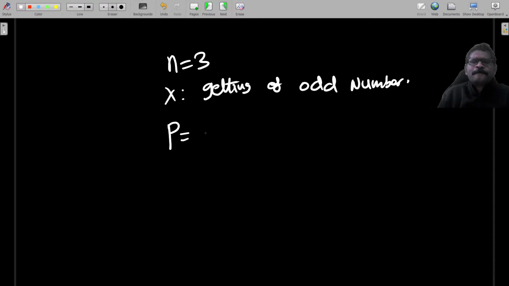Now p is probability of success of the random variable. You have defined here random variable x counts the number of times an odd number appeared. That's why probability of getting an odd number is given by p. So 3 by 6.